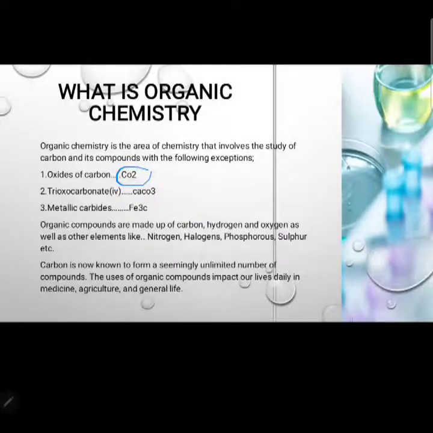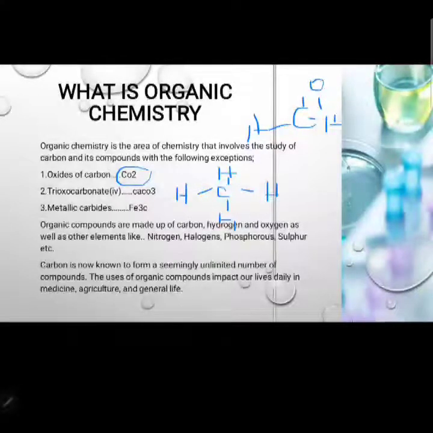Like I said earlier, organic compounds are made up of carbon, hydrogen, oxygen, as well as every other element. Very soon we're going to be looking at complex structures like CH4. This is methane. You're going to learn this later. We can also have C double bonded to oxygen with hydrogen by the side. These things may be confusing you right now, but very soon we're going to look at them.